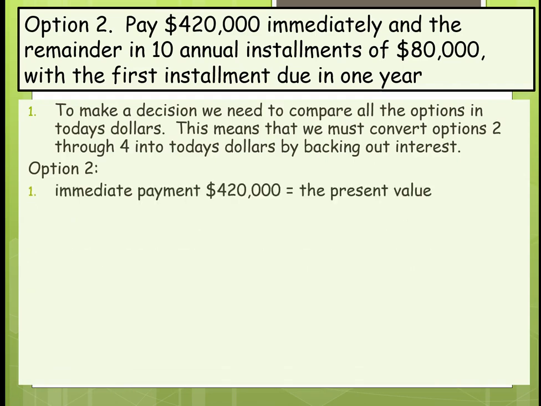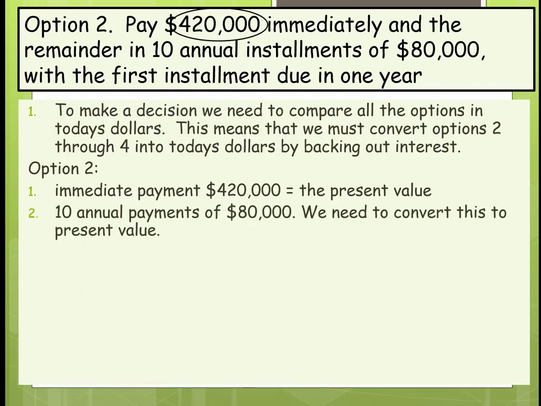So it looks to me like, based on that, we know that the $420,000 is the value, but now what we need to do is we have to convert the 10 annual payments of $80,000, and we need to use the present value of an annuity because it's made at the end of each period.